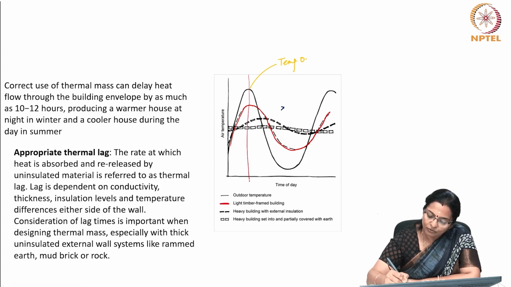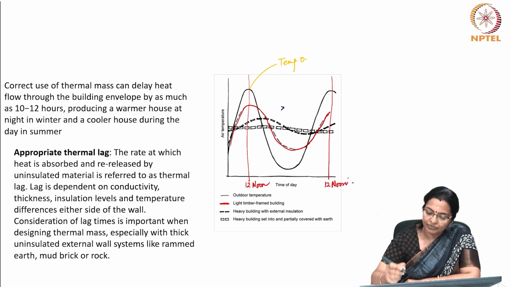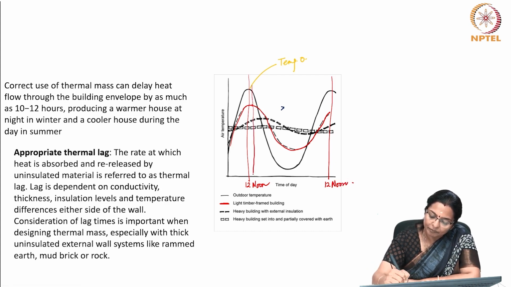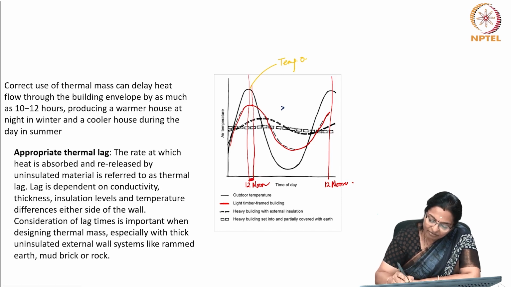I am, for the sake of convenience, assuming this as 12 noon, and the highest peak outside is happening at 12 noon. I am just considering that. You can see that the time lag of the light framed timber is minimal. Now consider the heavy building with external insulation.